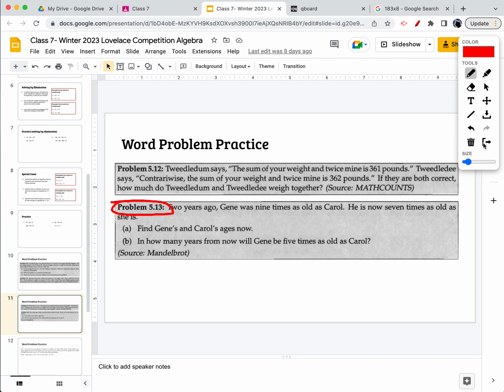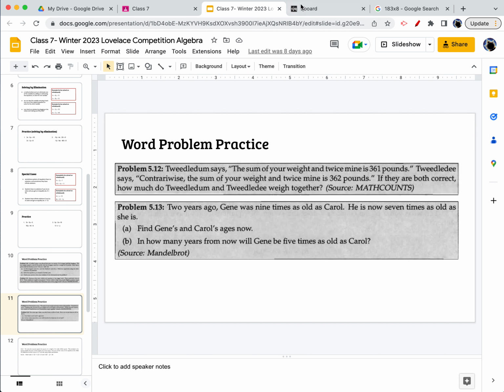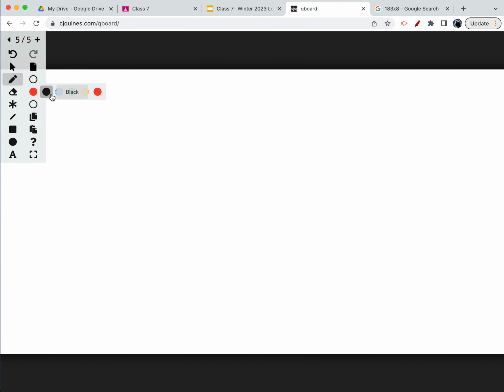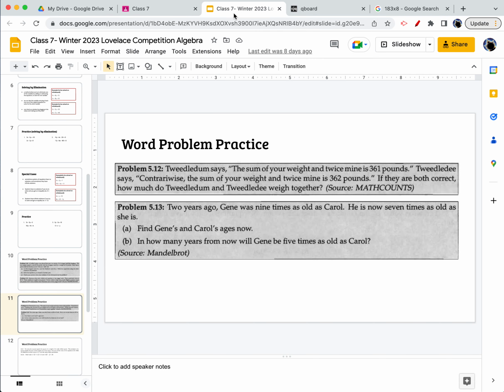Okay, so let's go over the problem now. So we have two people, Jean and Carol. Let's say that Jean is G years old and Carol is C years old right now. It says that 2 years ago, Jean was 9 times as old as Carol.